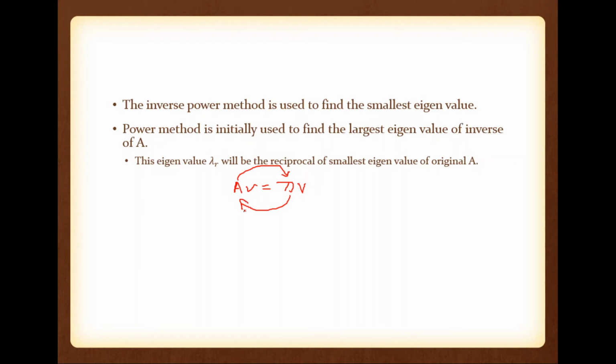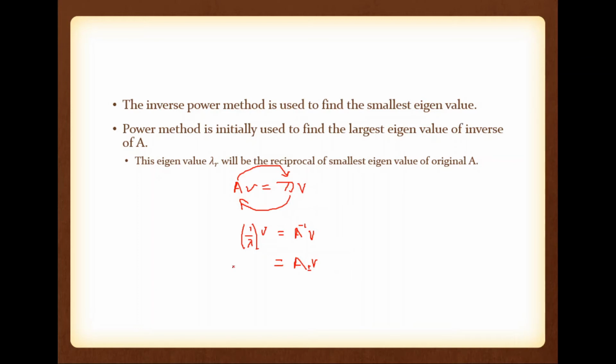So we can write 1 by lambda into V is equal to A inverse into V. Is it okay? We can write A inverse as AI into V.